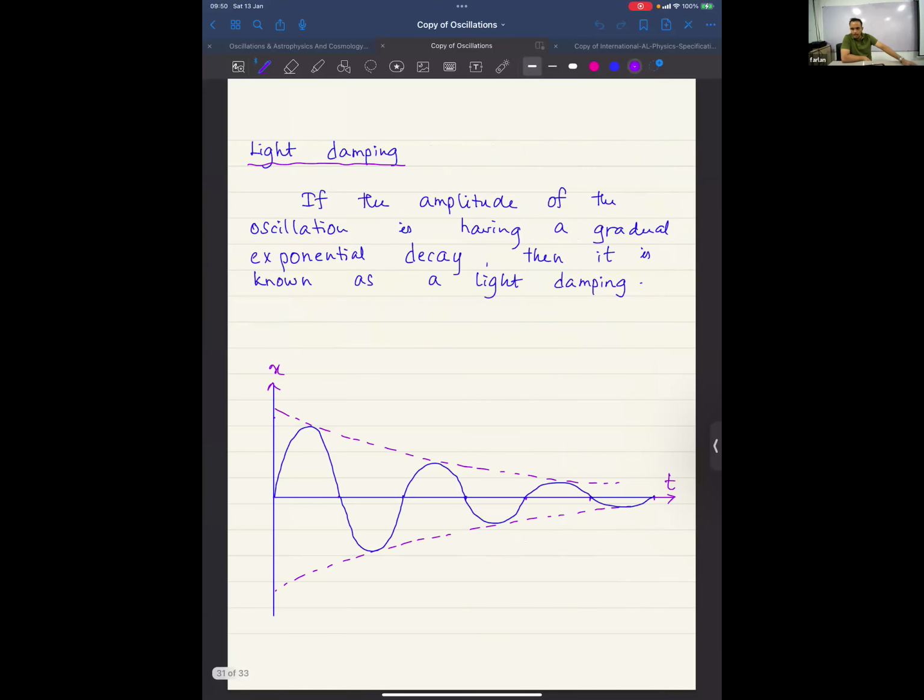Write on the next subtopic: light damping. If the amplitude of the oscillation has a gradual exponential decay, then it is known as light damping.